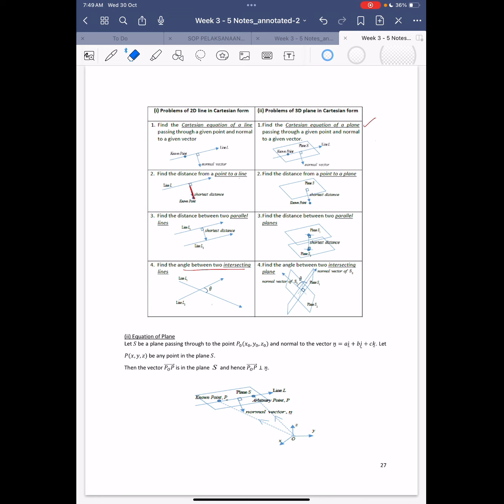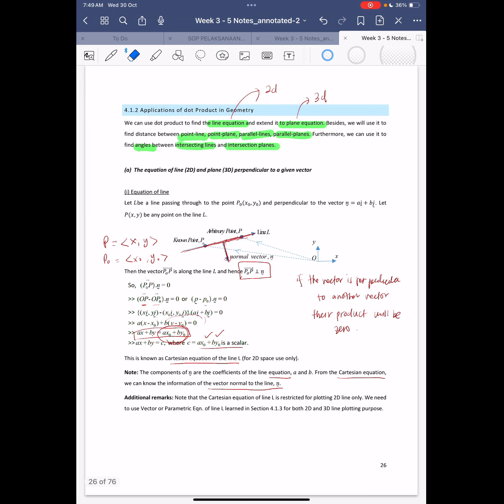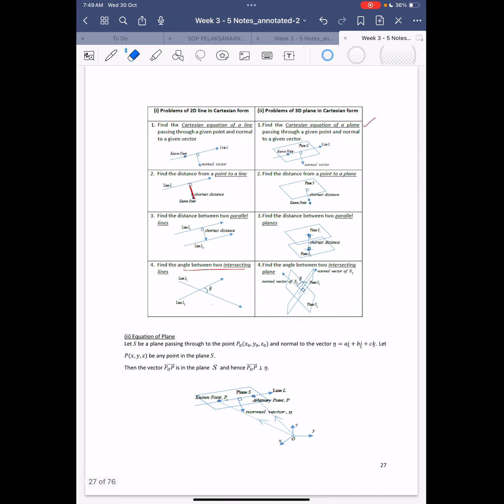So let's look at the first one. Just now we looked at the equation of a line. Now let's look at the equation of a plane. Let S be the plane passing through a point P0, which is (x0, y0, z0), and the normal vector is ai + bj + ck.